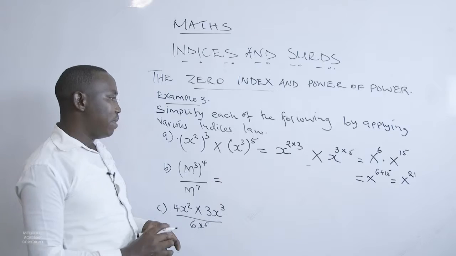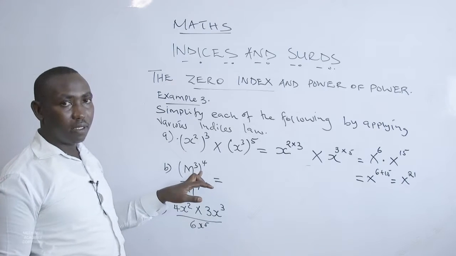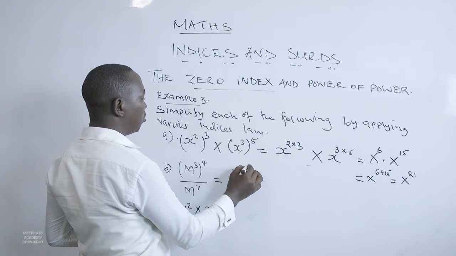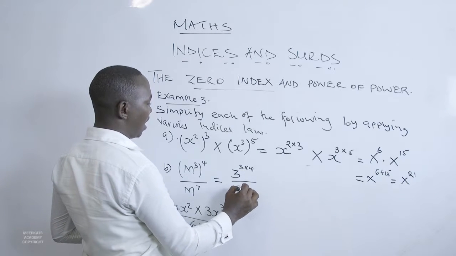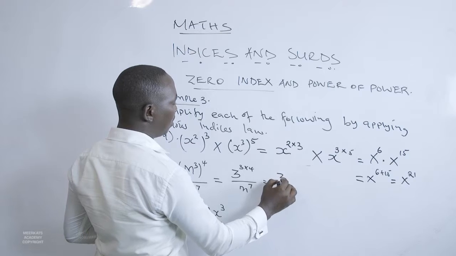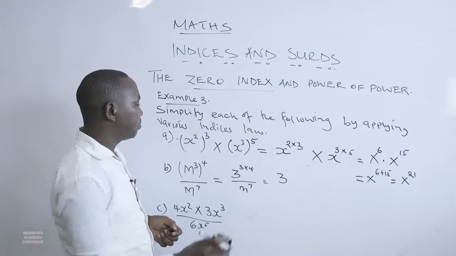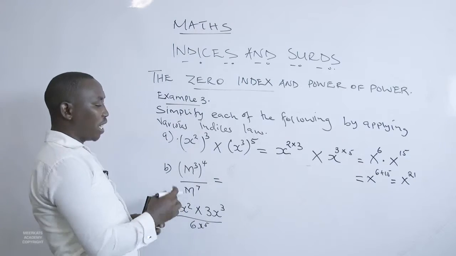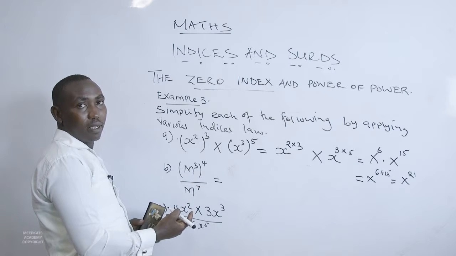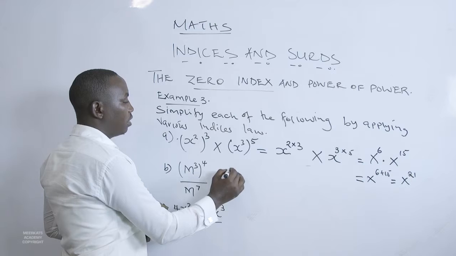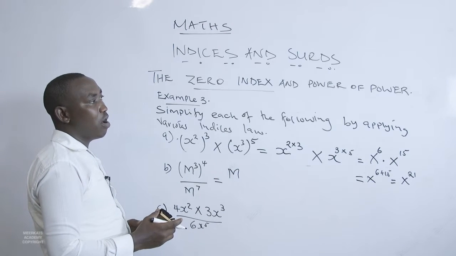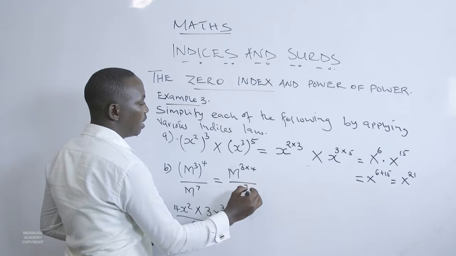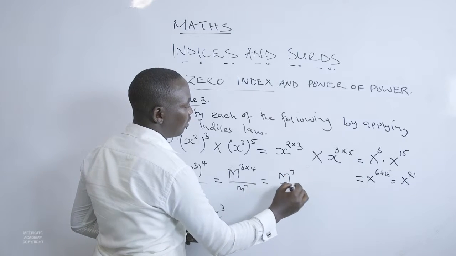For part B, we have m raised to 3, again raised to 4, over m raised to 7. So we apply the law of a power over a power, where we multiply the powers: 3 multiplied by 4 gives 12, so m raised to 12 over m raised to 7.